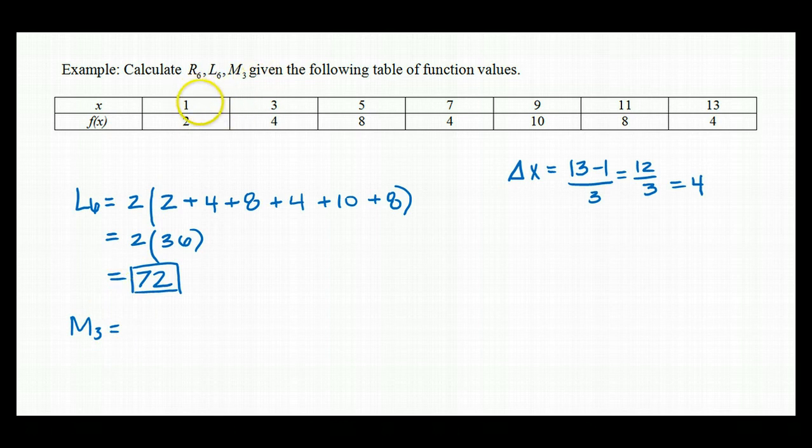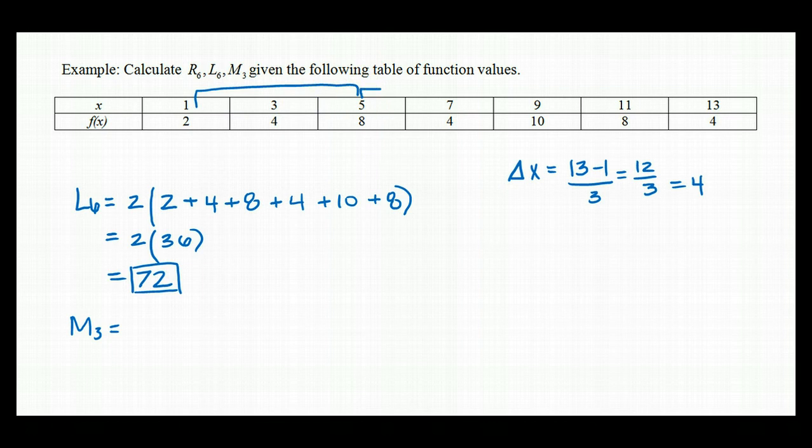I also need midpoints, so I need the point halfway between each of those rectangles. So between 1 and 5, that's going to be 1 width of delta x, and I know that that's a good choice because I have the midpoint. So halfway between 1 and 5 is 3, and I have that function value's height. So that one is fine.